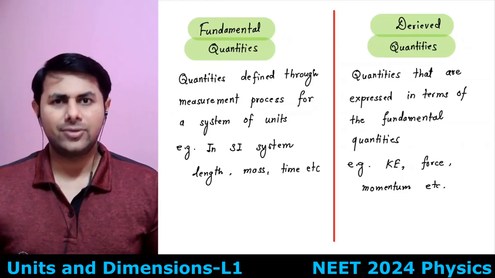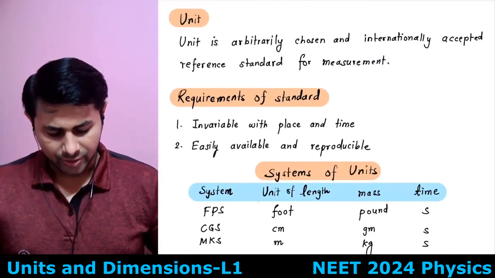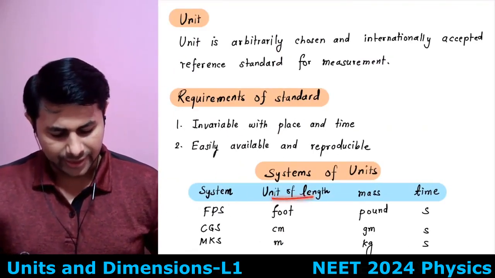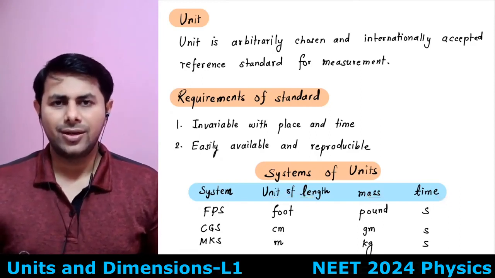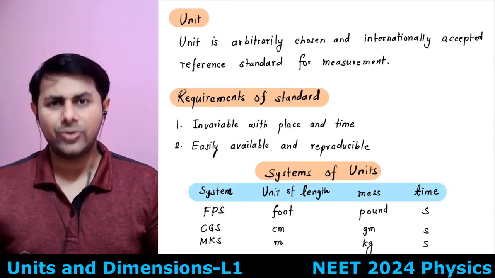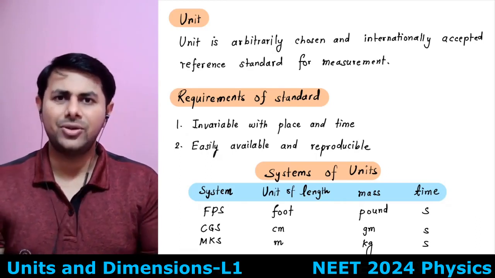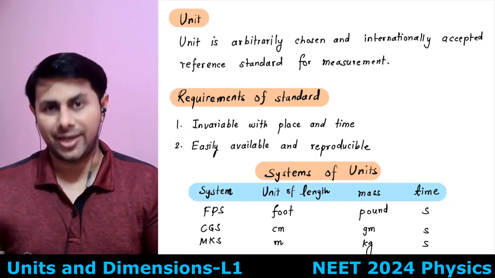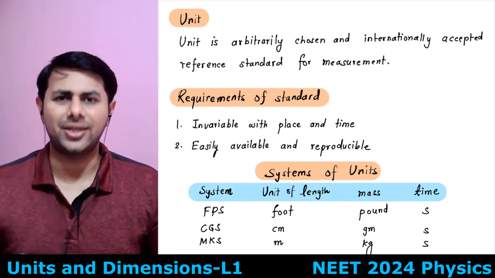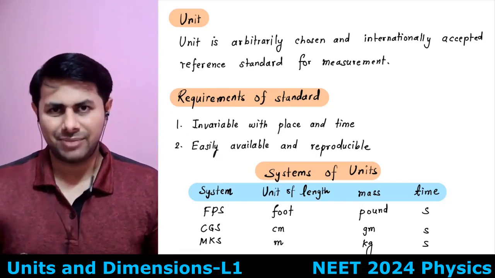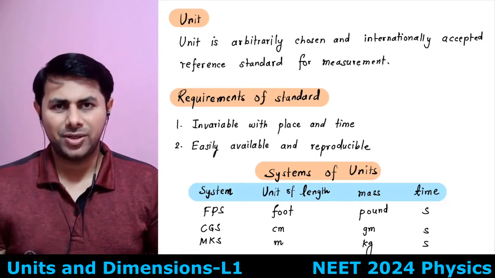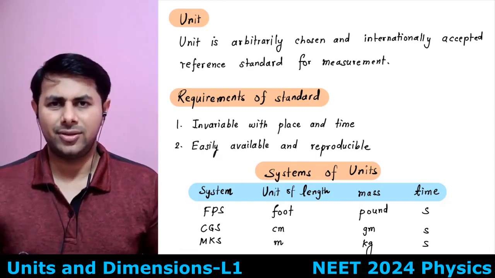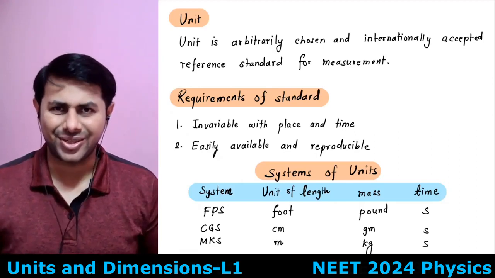In these three systems of units, length, mass, and time were chosen as the fundamental quantities because if you know the units of these quantities, you can make units of all other physical quantities in mechanics. Only mechanics was studied in those times. But now you can make a system of units where you say that force is a fundamental quantity.